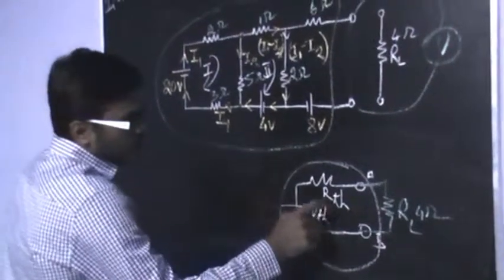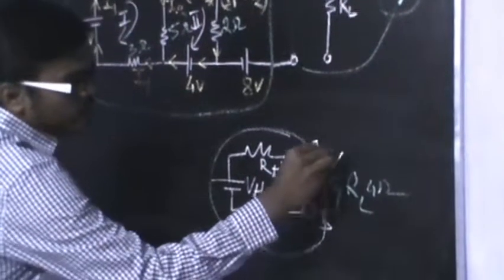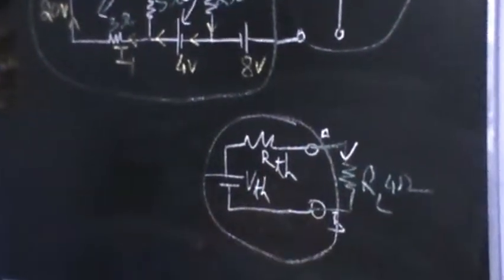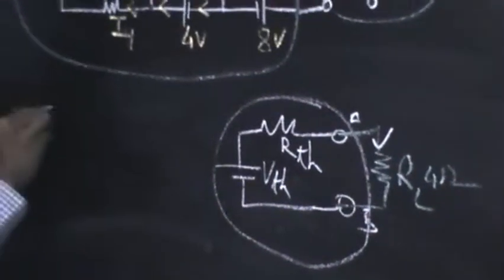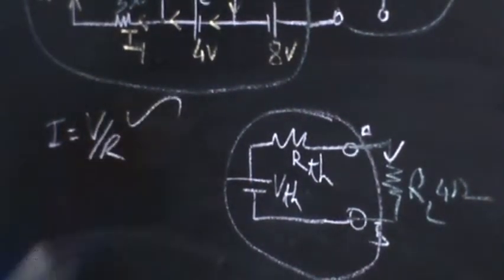So here if I apply Ohm's law, what I have to find is the current flowing through the load resistance. So what is the formula of current? I is equal to V by R according to Ohm's law.